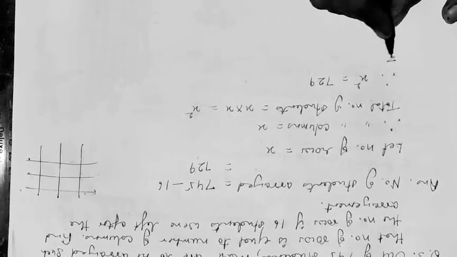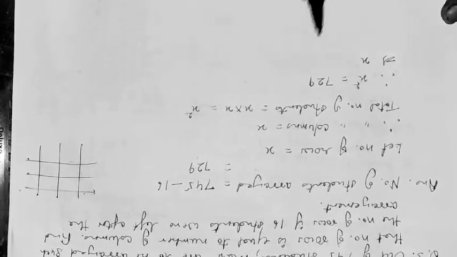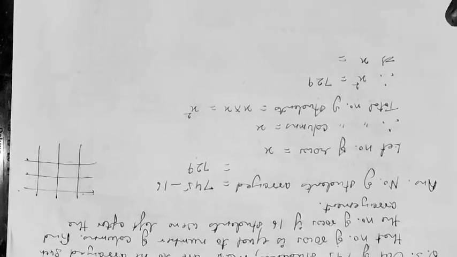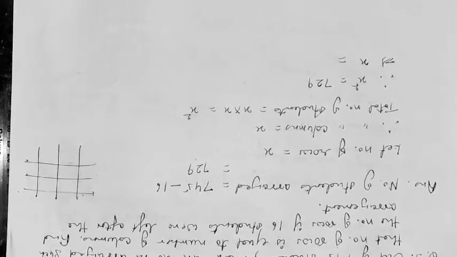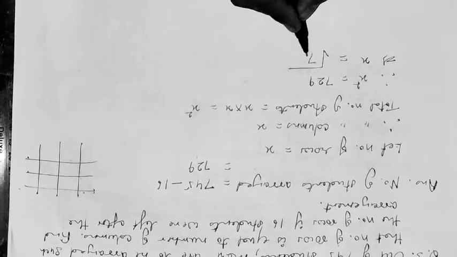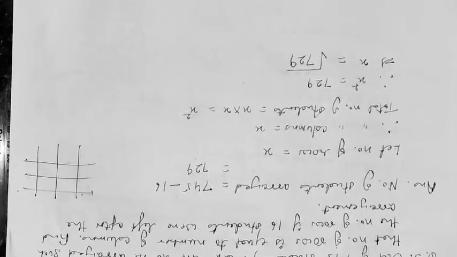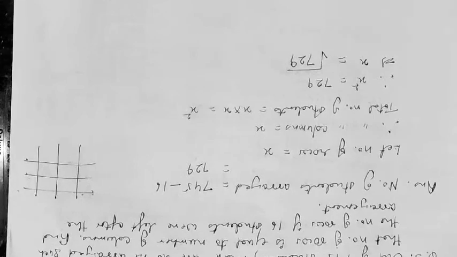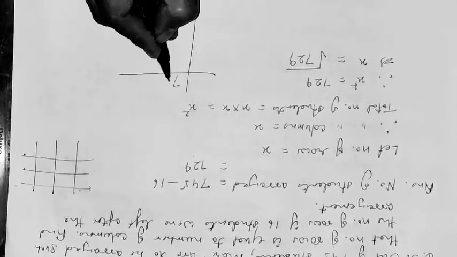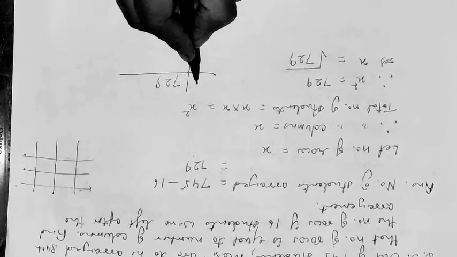We want to find the value of x, so when we take the square to the right hand side, it becomes square root. So to find the square root of 729, again what we will do? Find the factors of 729.